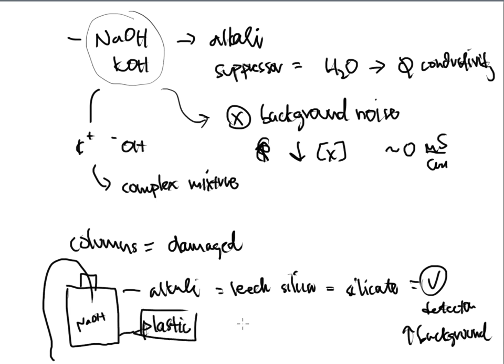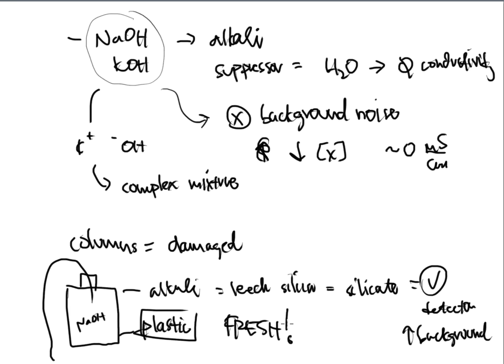You also want to make fresh mobile phase each and every single day. Do not allow your mobile phase to sit in that jug overnight. When you come in in the morning, make a fresh batch, put that batch up on the machine, let it go through equilibration for about 30 minutes, and then you're ready to run your samples on the ion chromatograph.